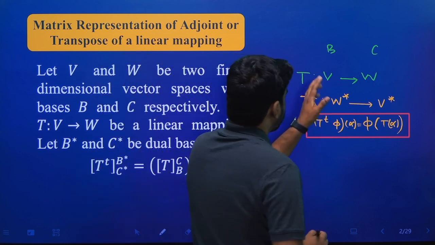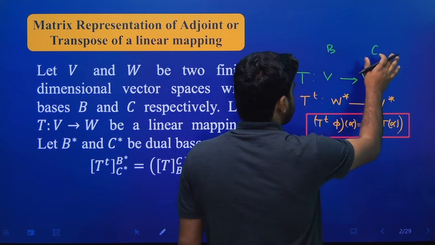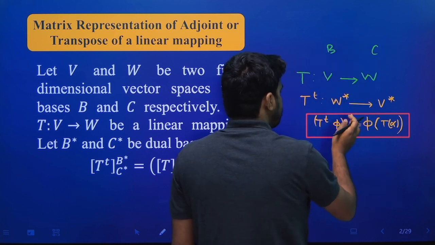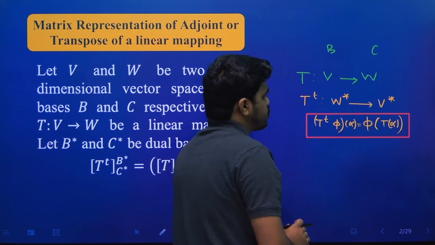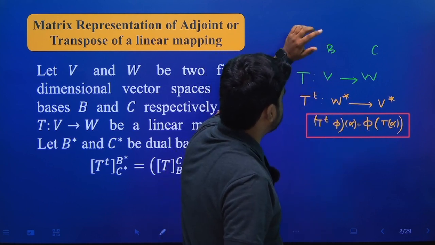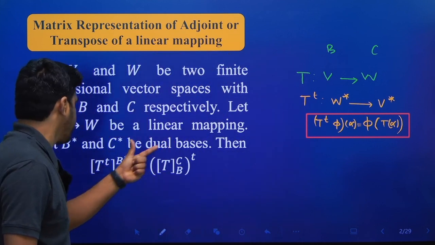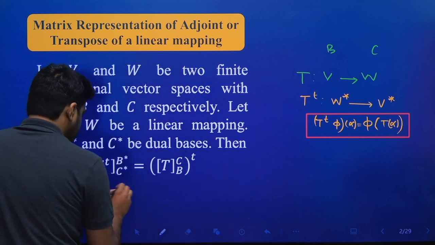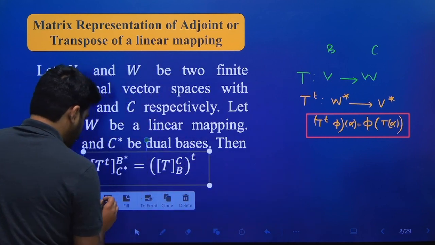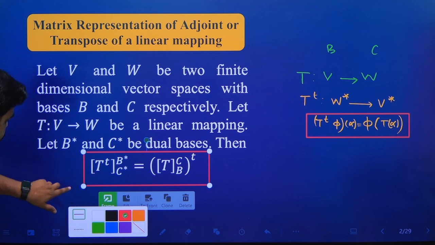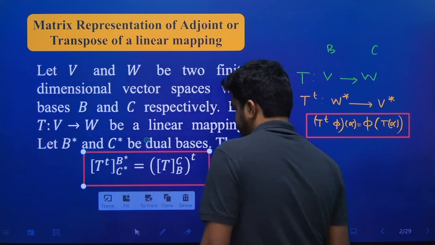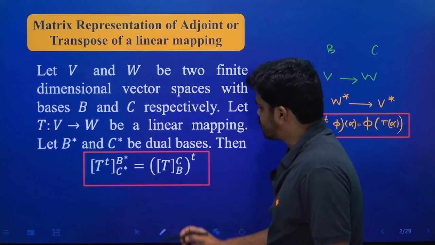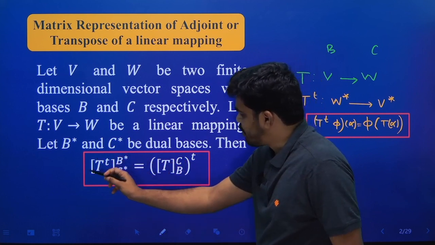So B and C are the bases of V and W. Here B star is the dual basis, and C star is the dual basis. Then T transpose from C star to B star is the matrix representation.